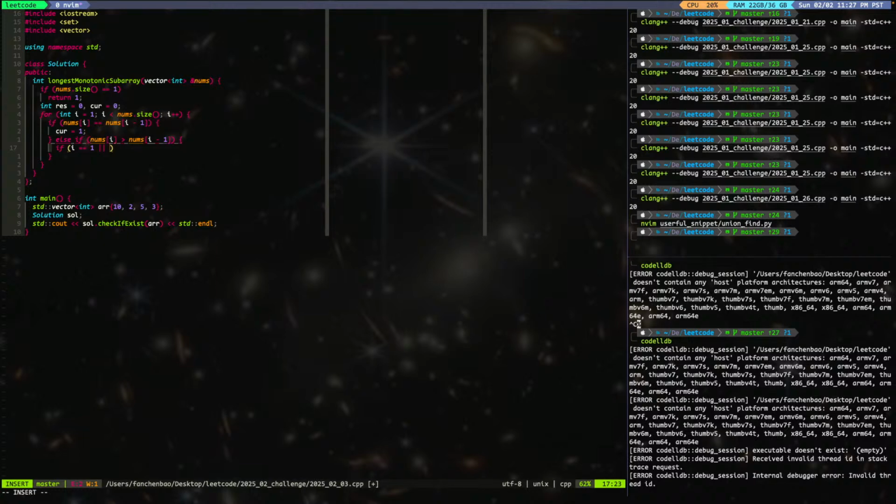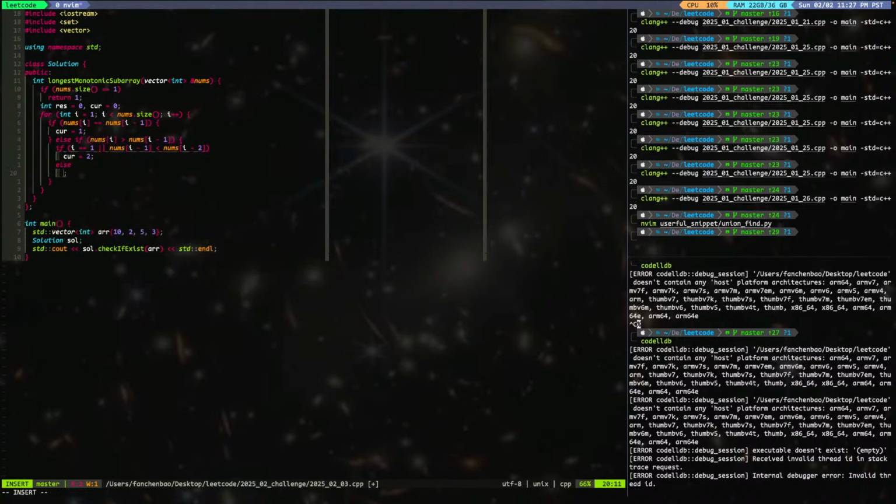Or the previous one is decreasing, which means nums[i minus 1] is smaller than nums[i minus 2], and then we go up. So in this case, it's a reset. We basically say current equal to 2, we reset.